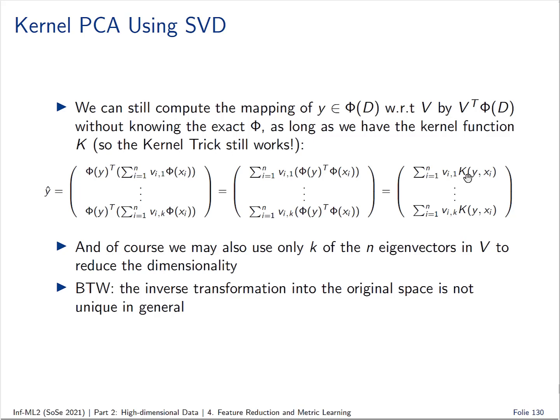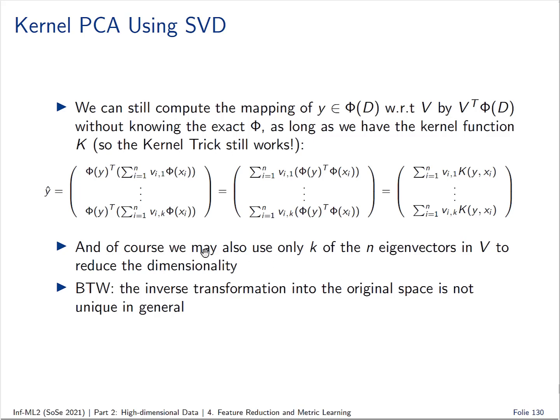So the kernel trick still works, meaning that we can transform the original data, or map it onto, the eigenvectors computed by kernel PCA without knowing the exact phis. We just need the kernel functions, which rely on phi, of course, as we saw before.